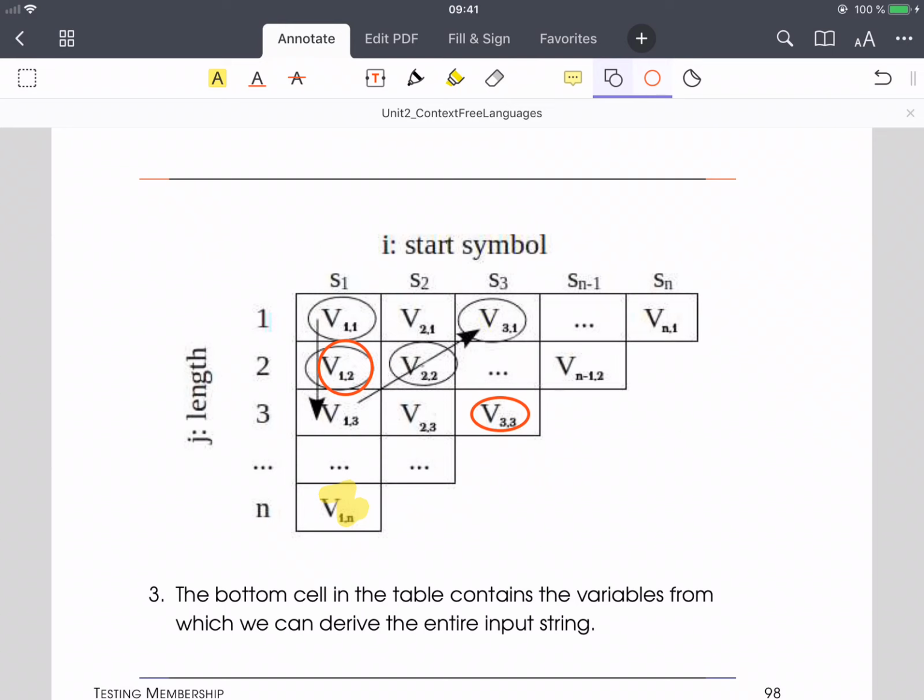This is the second possibility. The third possibility is moving closer in the column and away in the diagonal. And then again closer in the column and away in the diagonal. Okay? And we do this with all the cells in the table.